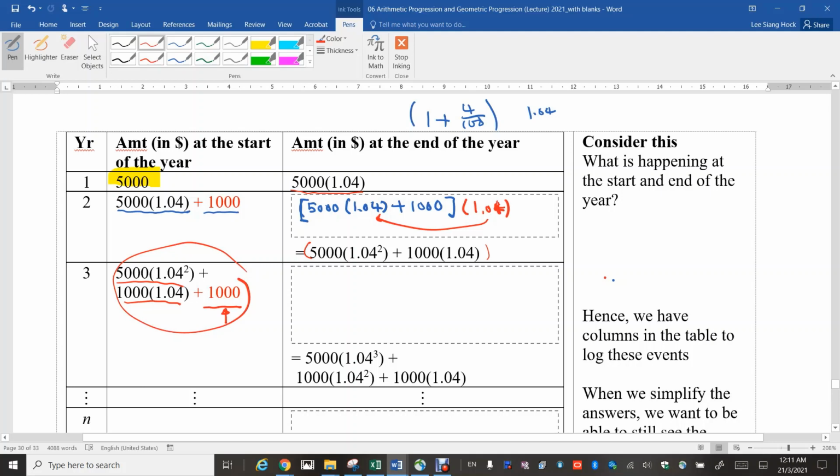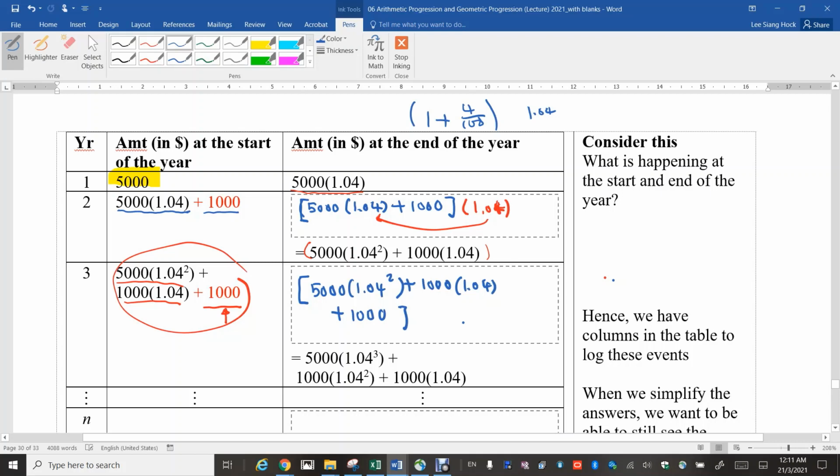So at the end of the year, what is the amount I will have? I will have what I started with, which is 5,000 multiplied by 1.04 squared, plus 1,000 multiplied by 1.04, plus my fresh fund 1,000. Can you see that?